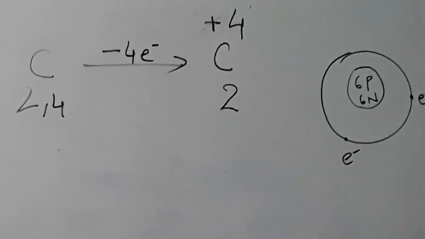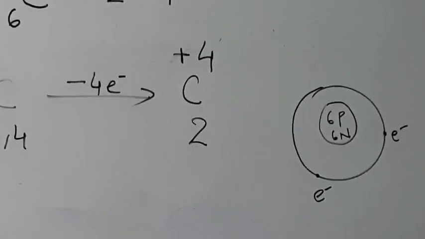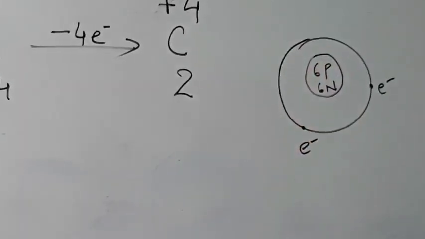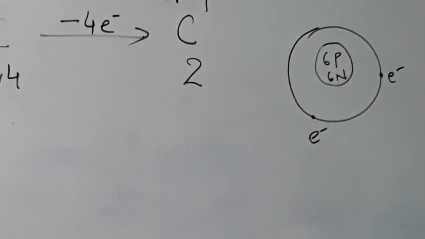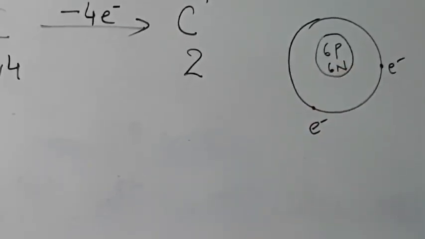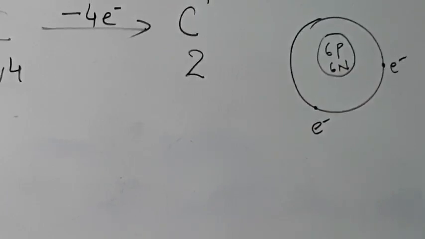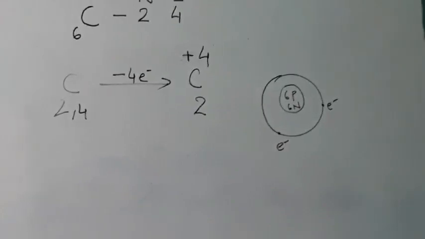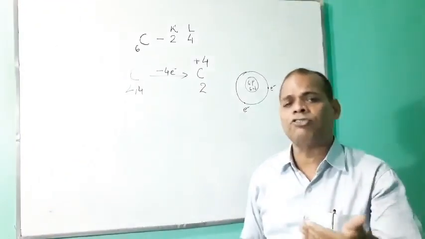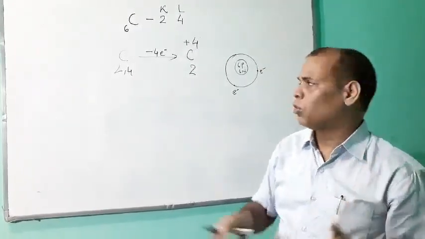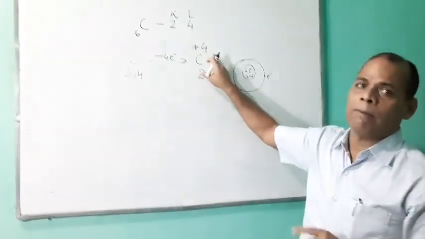Now there will be an unbalanced force between the electrons and the nucleus. This is also not possible. There will be no balance between the nuclear force and the electronic force. This is another prominent reason that carbon cannot lose 4 electrons to form C4+.